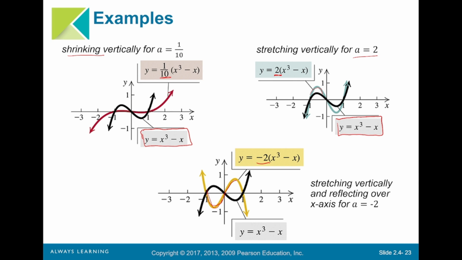So it just flips it over the x-axis, right? It's flipping it along this line here. That's what happens when we have a negative. If you have a negative value, it flips everything, and you can also have the stretch or shrink with the negative. That's what it looks like when we multiply a function by a number out in the very front.